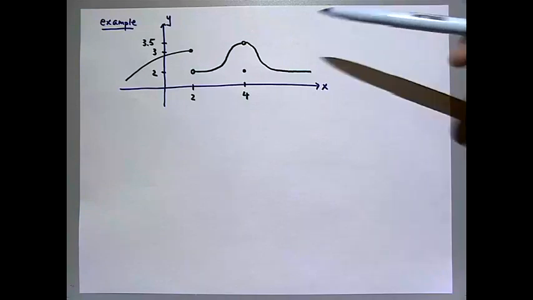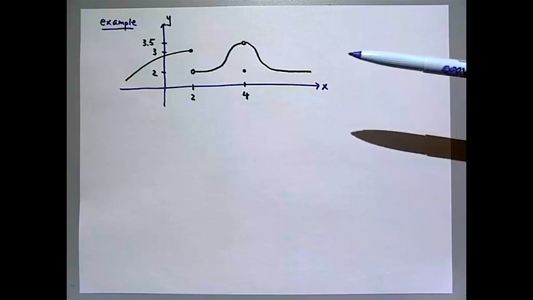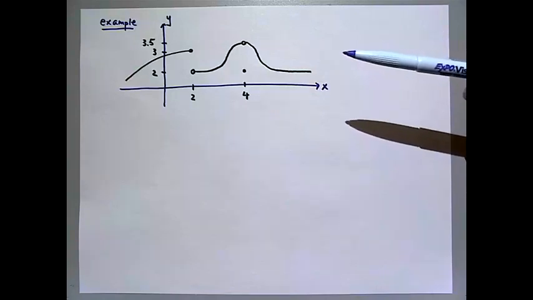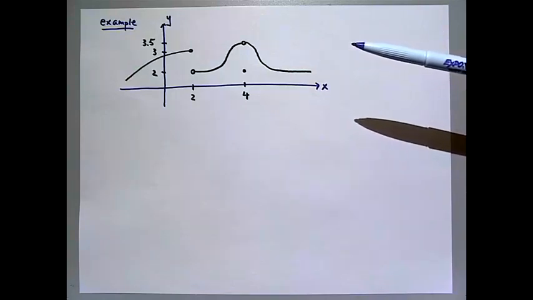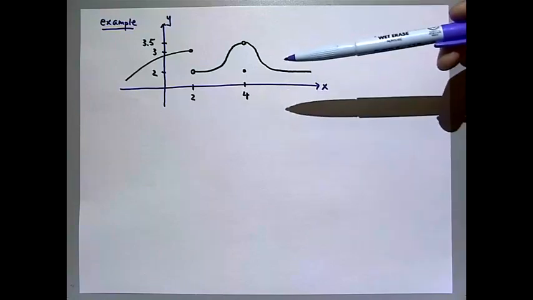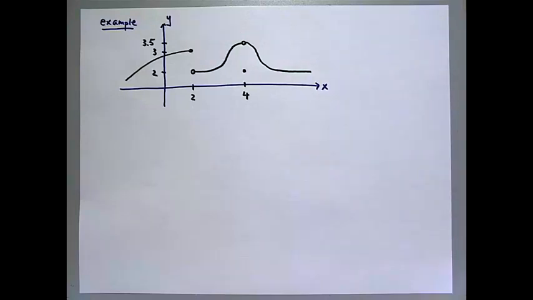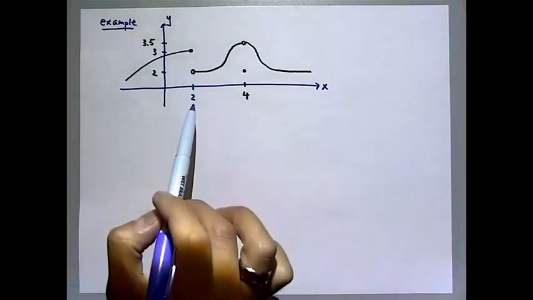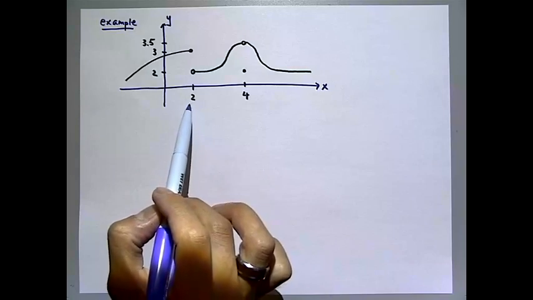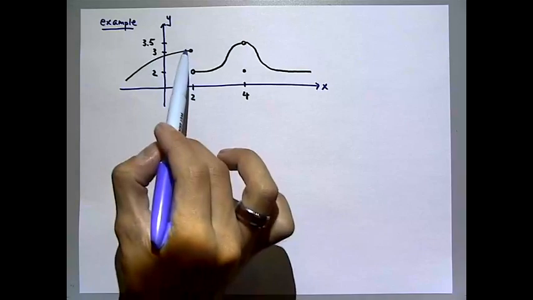Well, first of all, does everybody remember the difference between the open circle and the solid dot? What's the open circle? Not in the domain, right? What about the solid dot? That's where the function actually is defined. That's right. So this function is defined at x equal to 2. F of 2 is equal to 3.